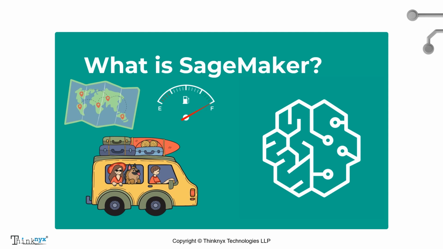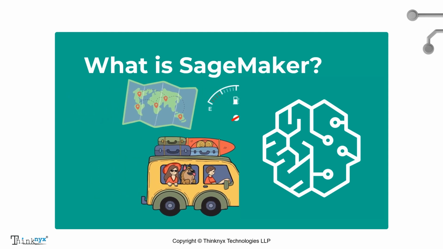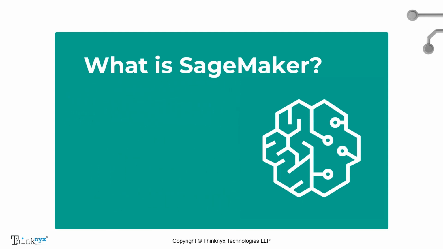It removes the stress and uncertainties from planning the journey, allowing you to concentrate on enjoying the scenic route and the ultimate destination. In this case, the successful deployment of machine learning models. Whether it's mapping out the route, managing fuel stops, or handling unexpected detours, SageMaker streamlines the entire process.